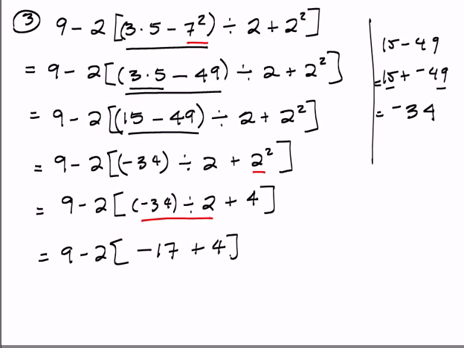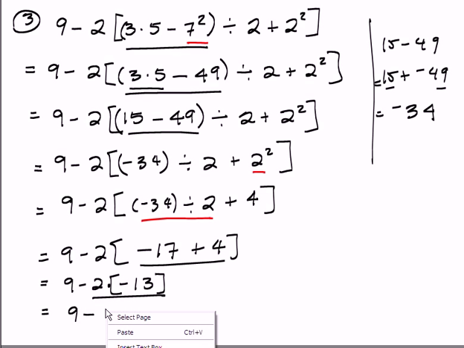Plus 4. Oh, I'm going to run out of room here. 9 minus 2 times. What's left there? Negative 13. And so here we are. We've got subtraction right here, and we've got multiplication. So we're going to multiply first. 9 minus 2 times a negative 13. 2 times a negative 13 is a negative 26.